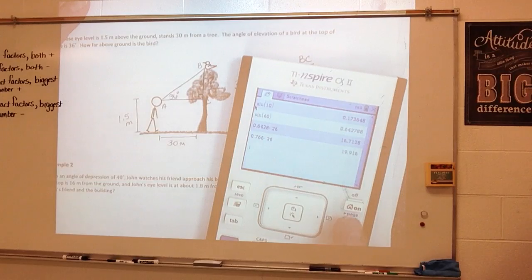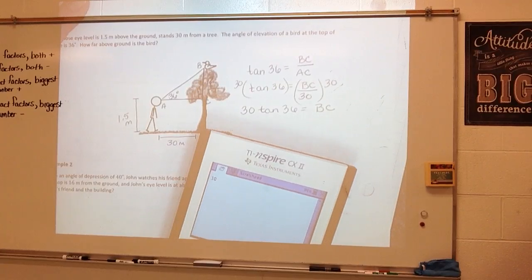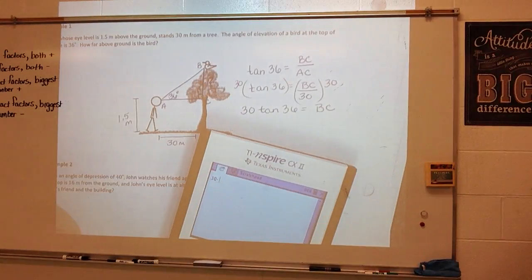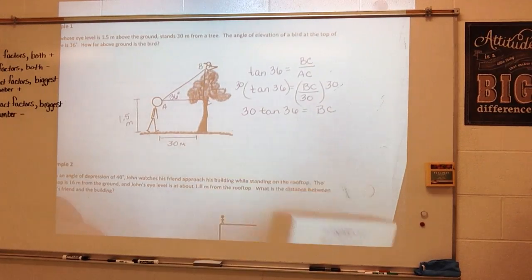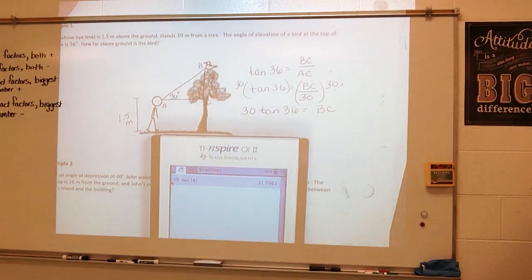All right, let's plug that into our calculator. I have 30 times, and I'm going to use parentheses, tangent of my 36 degree angle, and that's going to give me approximately 21.8.